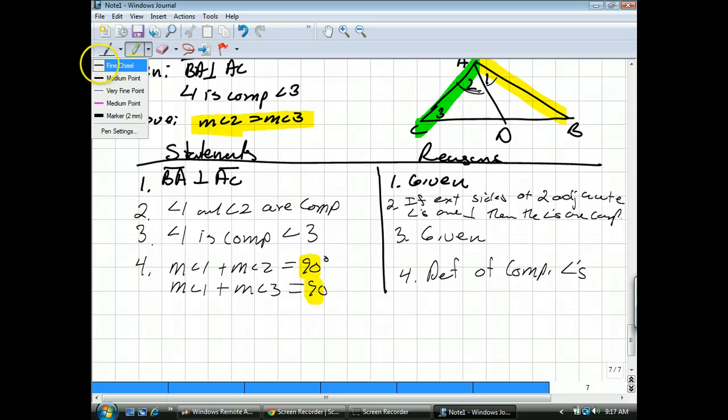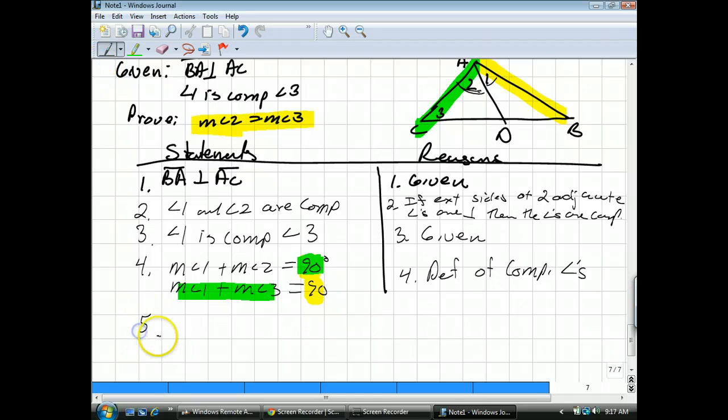And so in place of this 90 degrees, I can write this. So by substitution, I can say measure of angle 1 plus measure of angle 2 has to equal measure of angle 1 plus measure of angle 3. And that is by substitution.